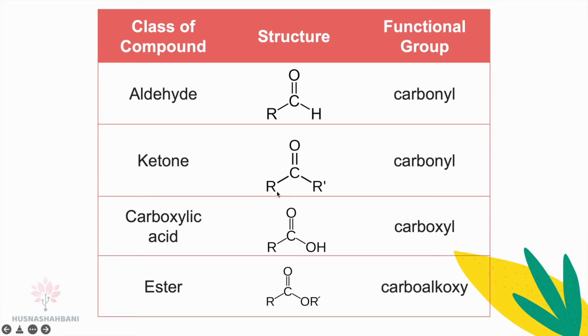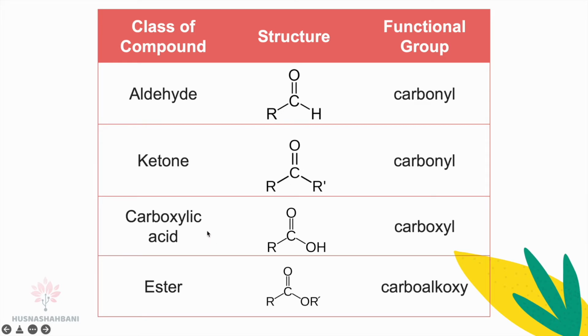It can be carbon here, but no hydrogen attached to this carbon double bond O. So that is ketone. The functional group is the same: carbonyl means C double bond O. That's why they have the same functional group, because both have C double bond O.